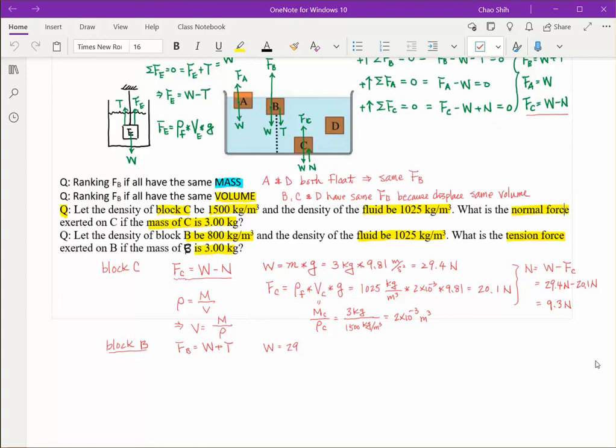What about the buoyancy force on B? Well, Archimedes' principle: fluid times volume of B times G. That's 1025. Then what about the volume of the B? Still, it doesn't give you, but the same idea: you can use the mass of the B divided by the density of the B, which is equal to 3 kilograms divided by density, which is 800.